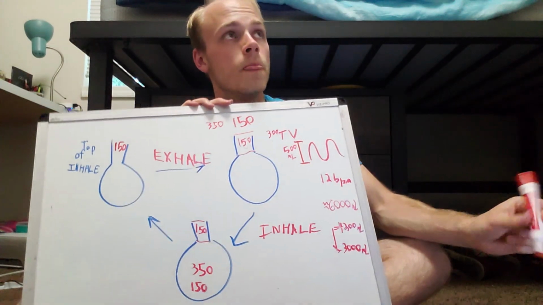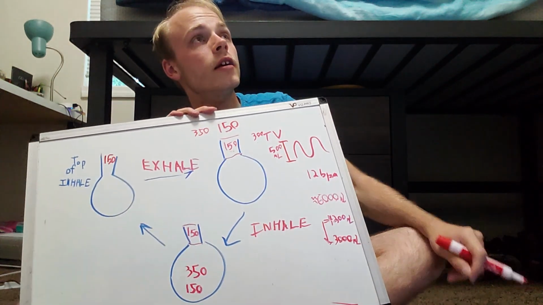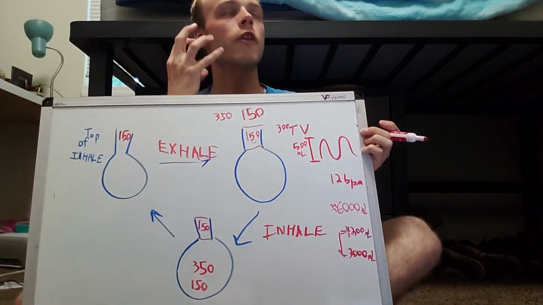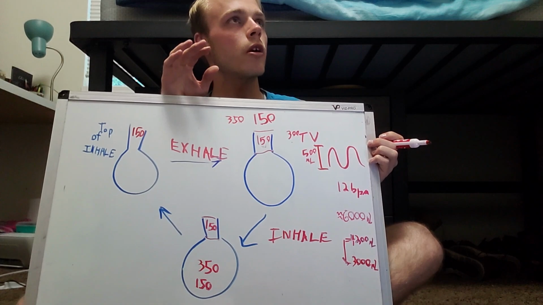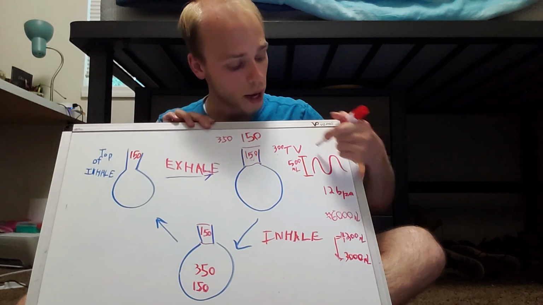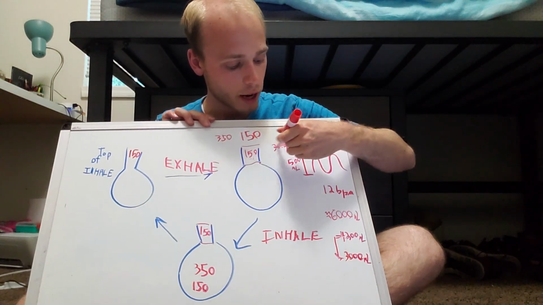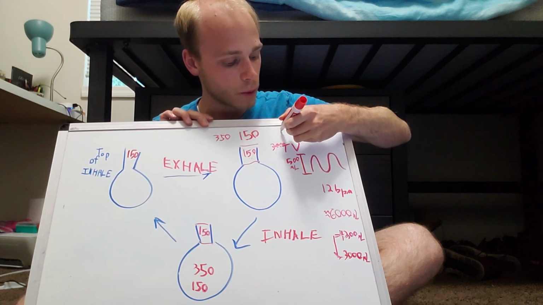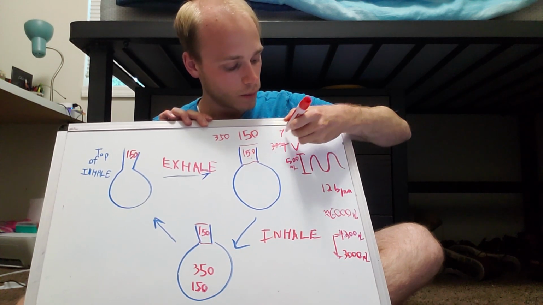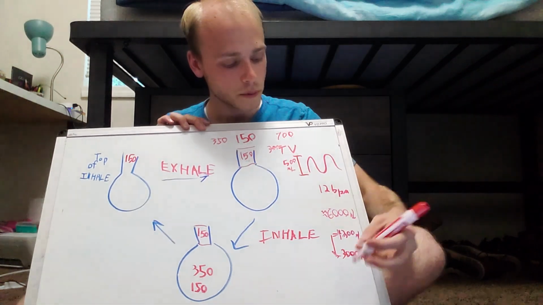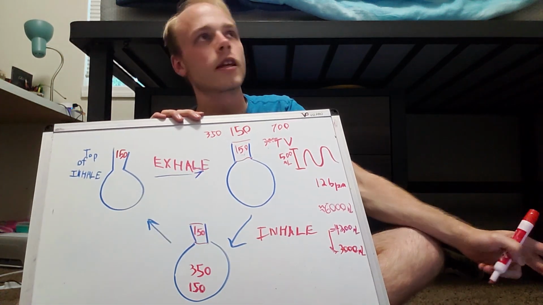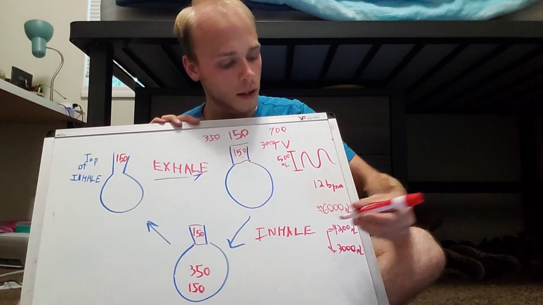That's a no bueno. But say you get control of yourself and you start to take slower but deeper breaths. So now you're increasing your tidal volume to let's say 700 milliliters per breath, and you've dropped your breathing rate from 15 to say 10.